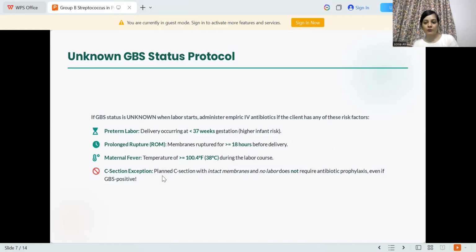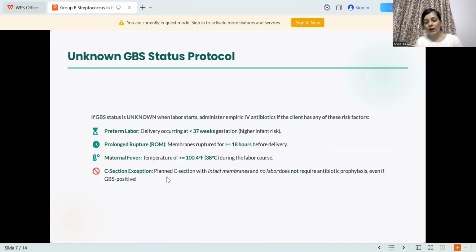Those who have no labor pains and have a planned C-section with intact membranes do not require antibiotic prophylaxis, even if the patient is GBS positive. These patients do not require IV antibiotics during labor. I hope this point is clear.